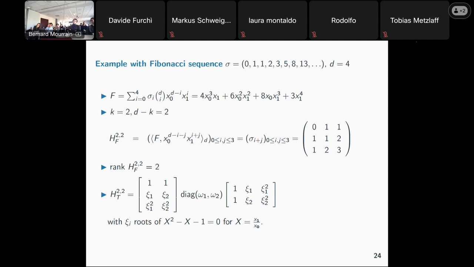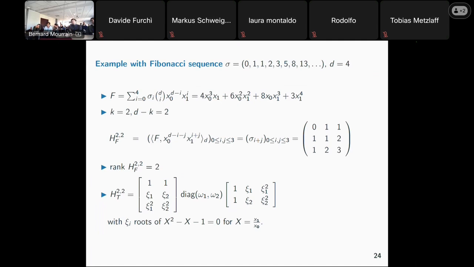Here we go from the moment sequence to the tensor, which is the natural way. So we have this symmetric tensor, which is in fact taking the binomial coefficients and the sequence values. So this is a tensor, and we want to decompose it.